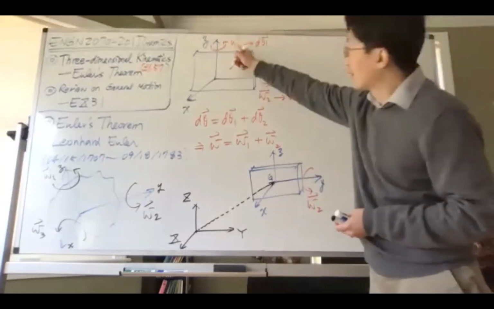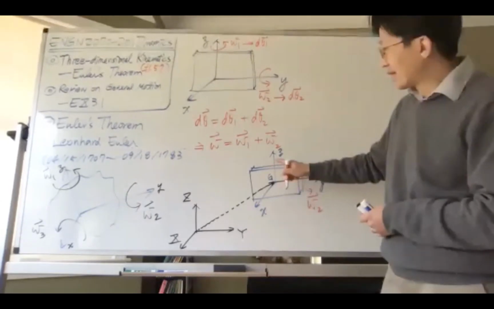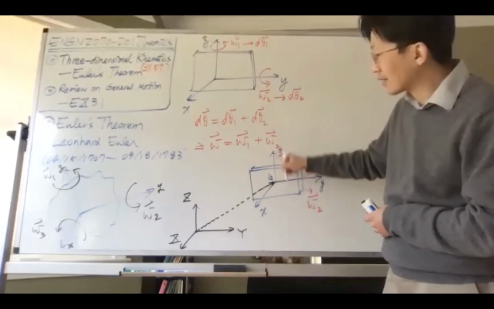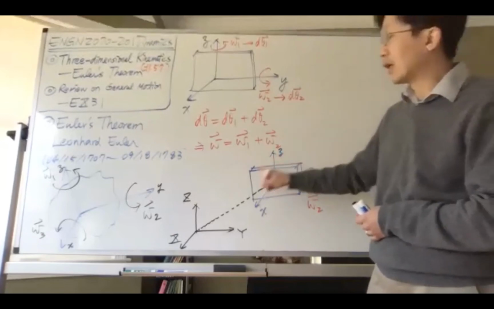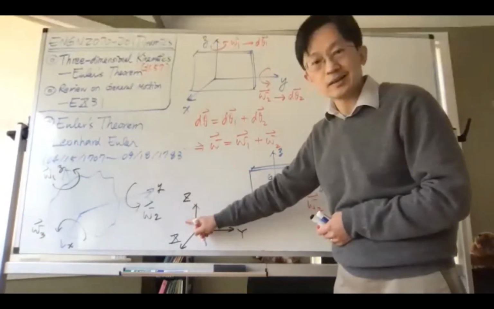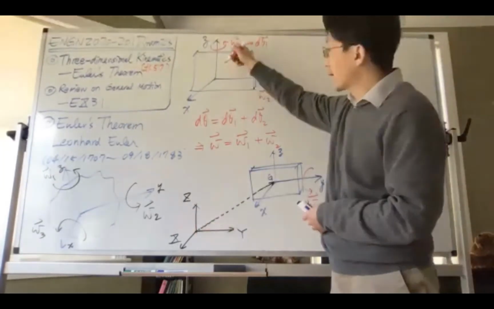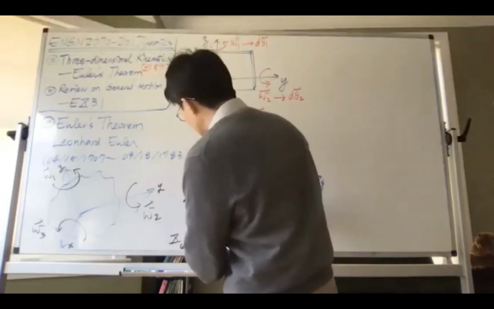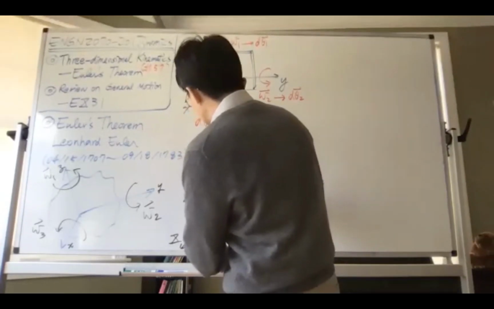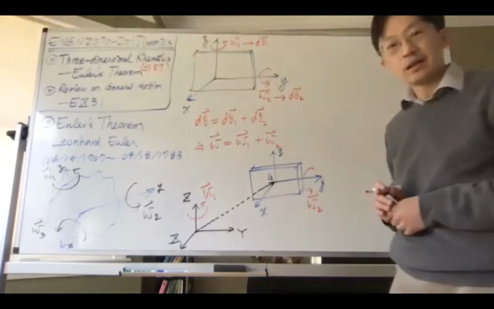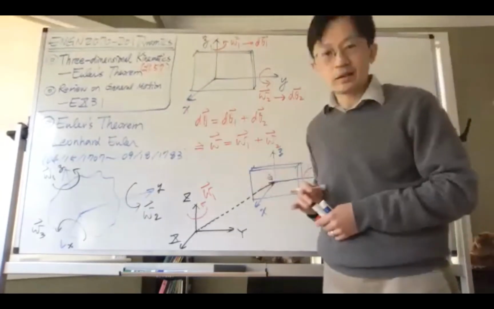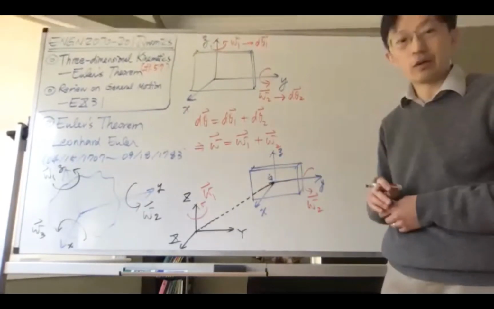And the omega 1 here, now let's not consider the rotation on the z-axis, but we're going to consider rotation on this z-axis. So this omega 1 is going to become this one here. And that's why the Euler theory can be very valuable here.